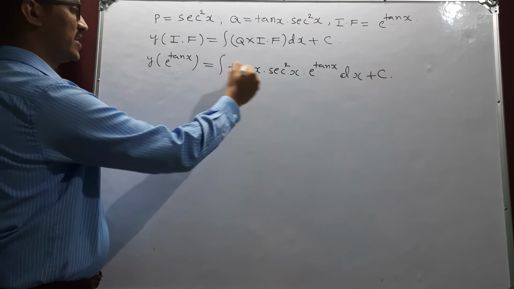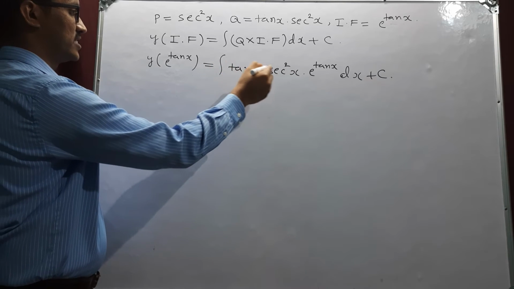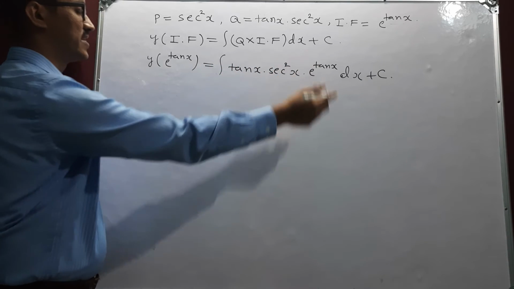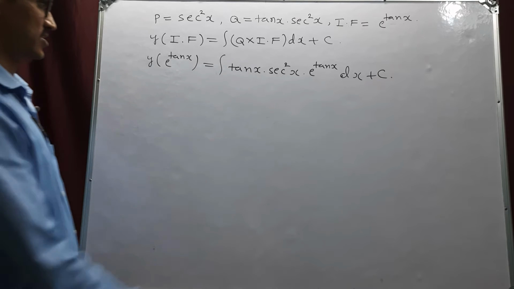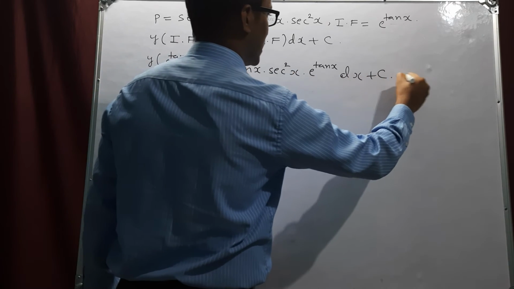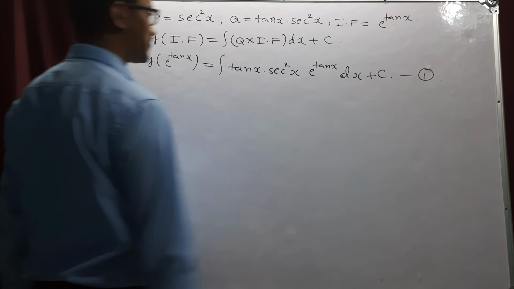Next we have to integrate this term tan x into secant square x into e power tan x into dx. So consider this as equation 1.